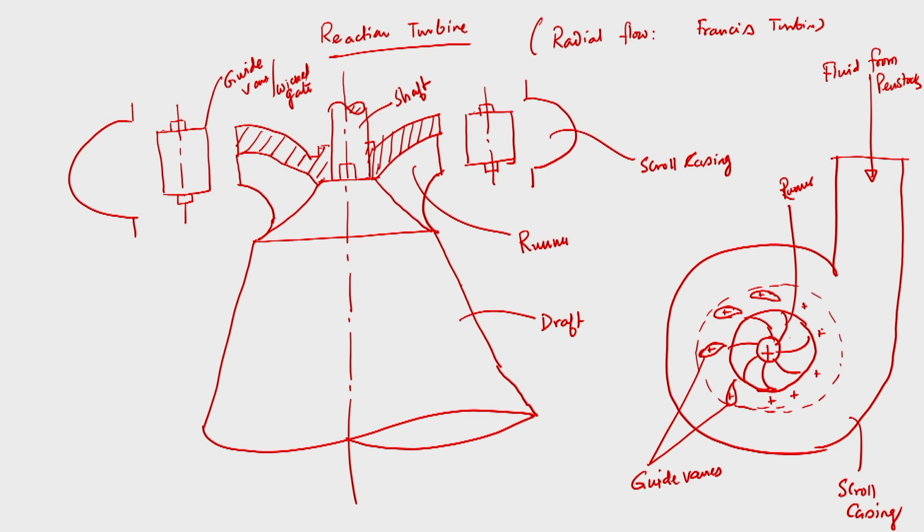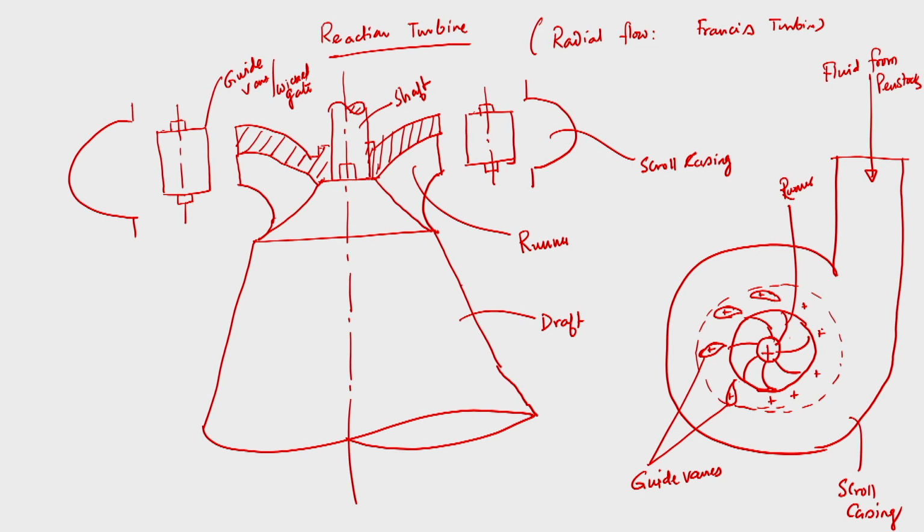Now as I said, when we talk about reaction turbine, it differs from impulse turbine. The principal distinguishing feature of a reaction turbine is that in case of an impulse turbine, the entire head available, the gross head available at the inlet of the turbine, is converted to the kinetic energy of rotation of the runner.